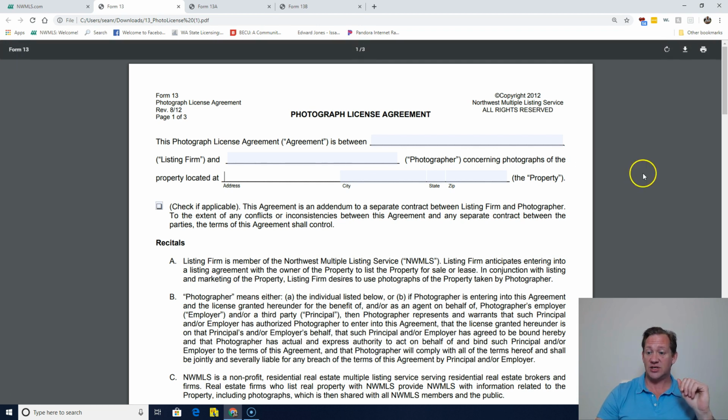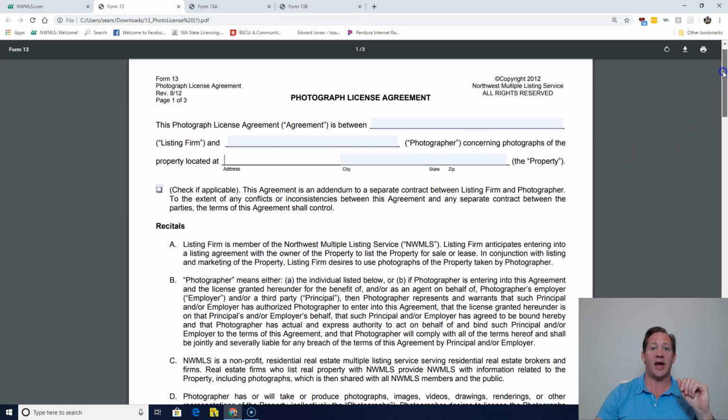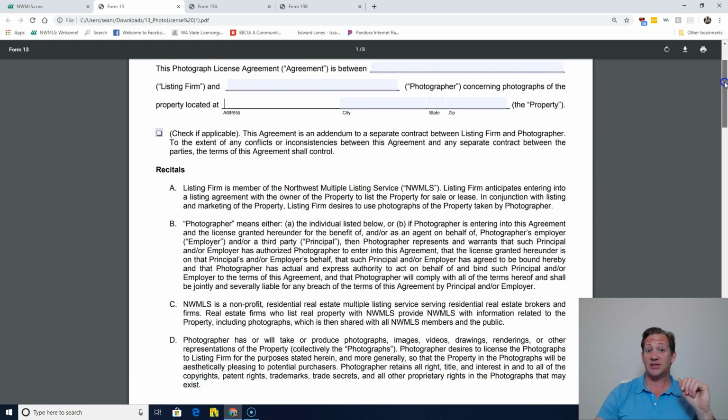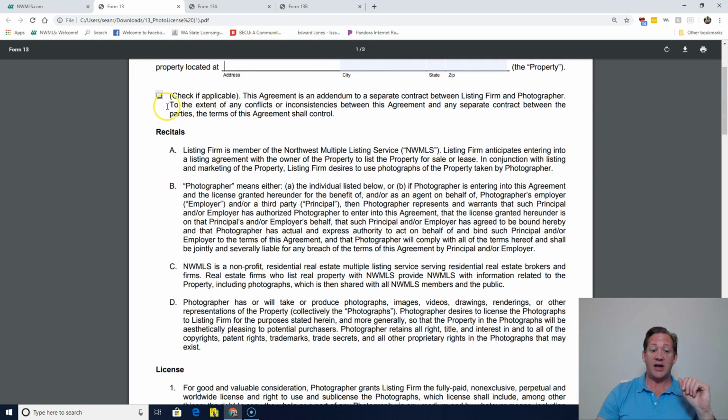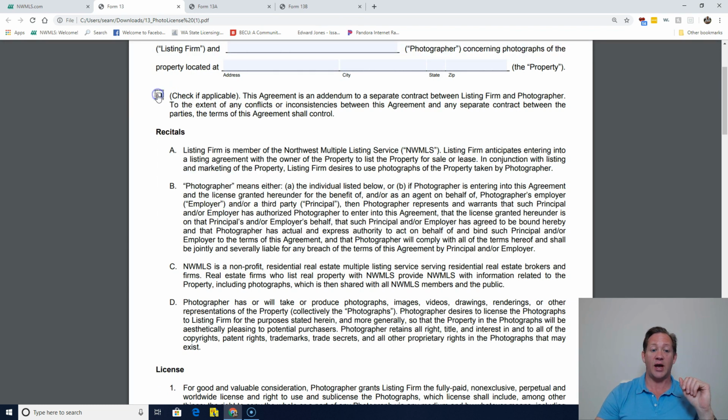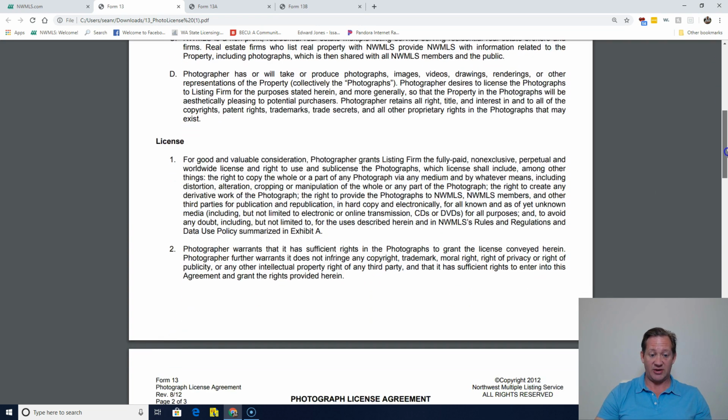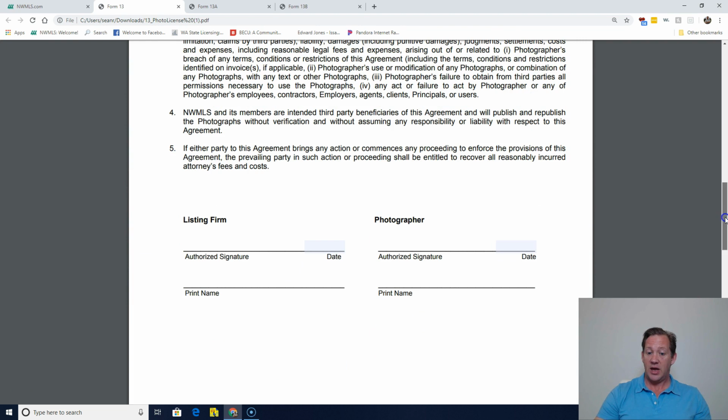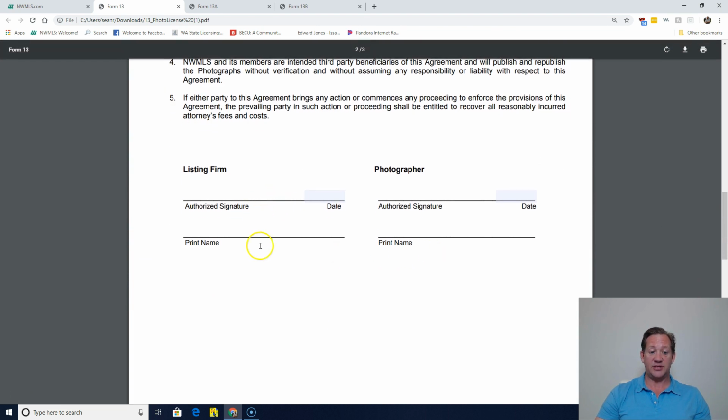But if you wanted to do this for a specific property, you certainly can, and it's better to have this than nothing in place. Again, you can check this box if you want this form to prevail over any other forms you've already signed with the specific photographer. Then you've got the recitals, you've got the license again, and at the bottom the listing firm and the photographer sign.